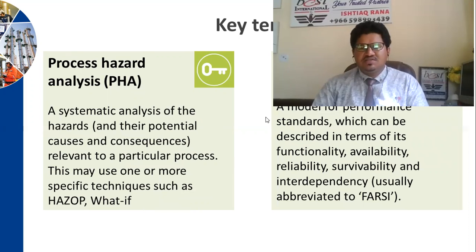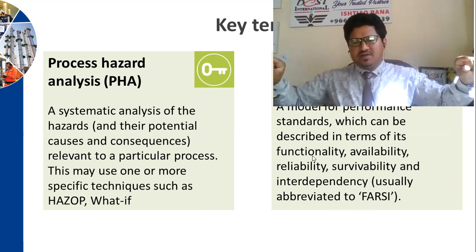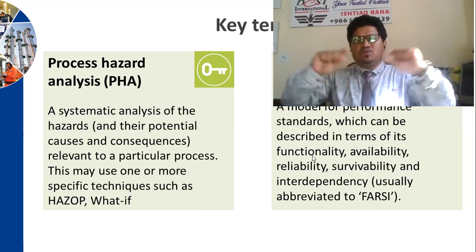And what is FARSI? It is a model for performance standards which can be described in terms of functionality, availability, reliability, survivability, and interdependency, usually abbreviated to FARSI. So remember this term FARSI. Maybe you can create a question: FARSI stands for what? What is the abbreviation of FARSI?